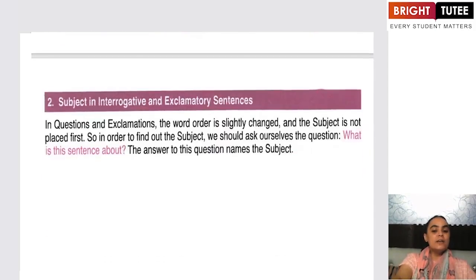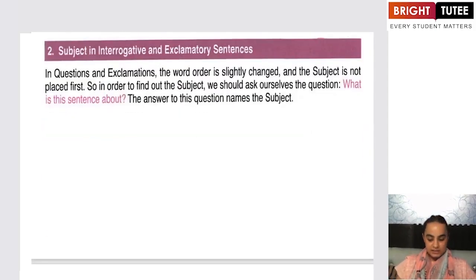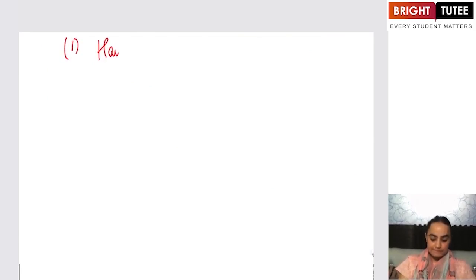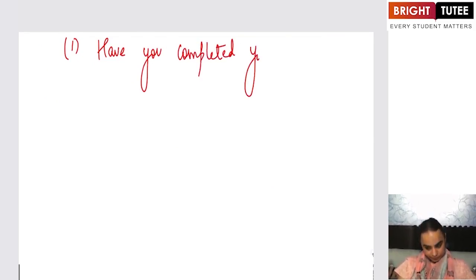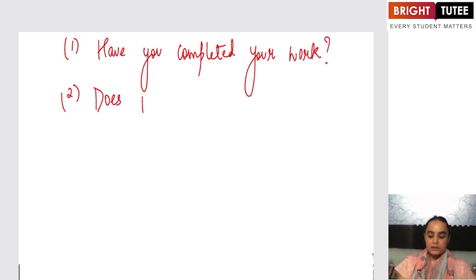Now for interrogative and exclamatory sentences. If I talk about an interrogative sentence, dear students, if I give you the example, have you completed your work? Question mark. Does Rahul live here?